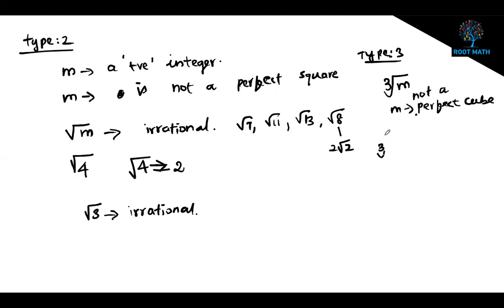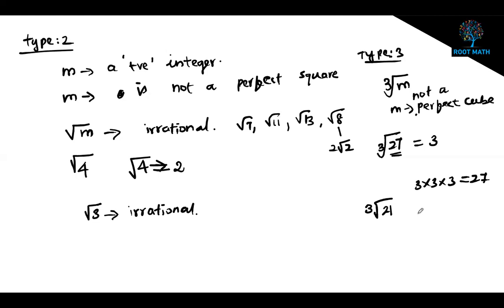For example, the cube root of 27 is 3, because 3 times 3 times 3 is 27. So 27 is a perfect cube number. Instead of 27, if it is the cube root of 21, then this cube root of 21 is an irrational number.